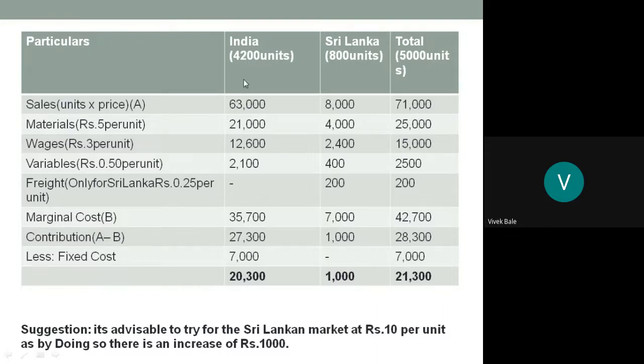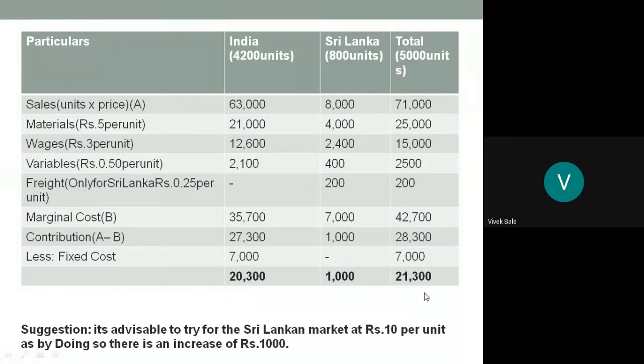And when we are manufacturing in India at 4,200 units, the total cost was 20,300. When we manufacture 800 units in Sri Lanka, the total cost is 1,000. Therefore, if we manufacture 4,200 units in India and 800 units in Sri Lanka, the total cost would be 21,300.